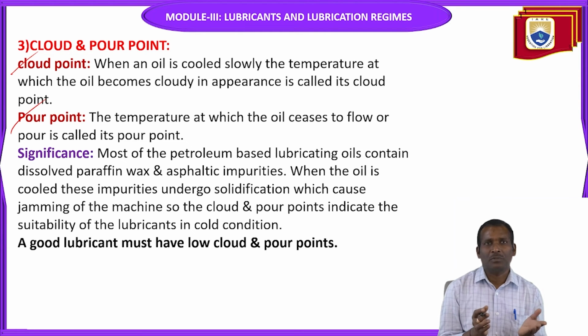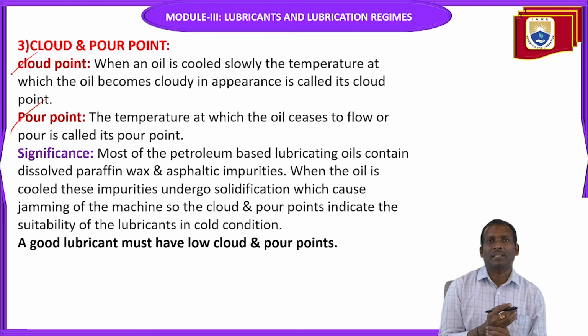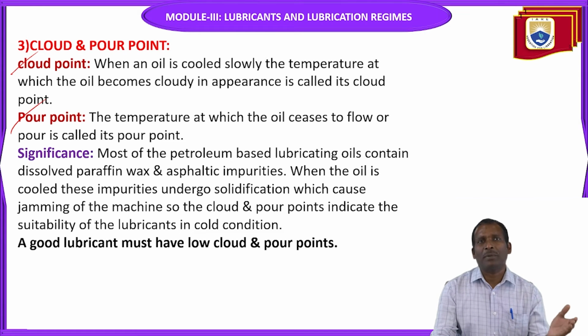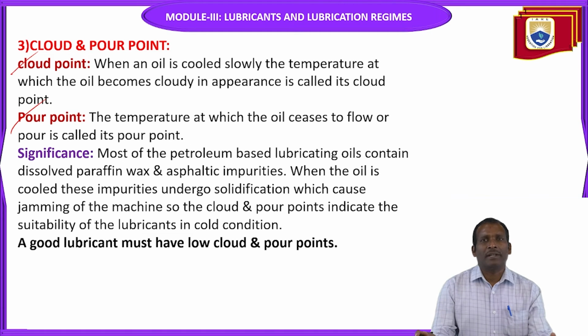Suppose you don't know the pour point and cloud point, you can't use lubricants in a cold atmosphere. Whenever you are operating the machine in a cold condition, you should have knowledge of the cloud point and pour point. So a good lubricant must have low cloud and pour points.